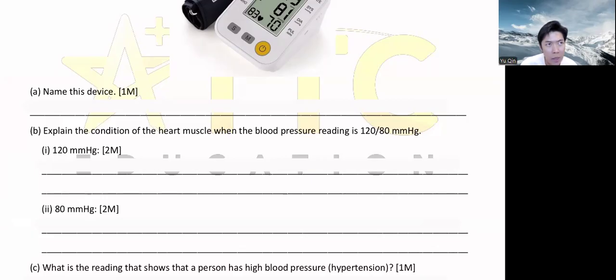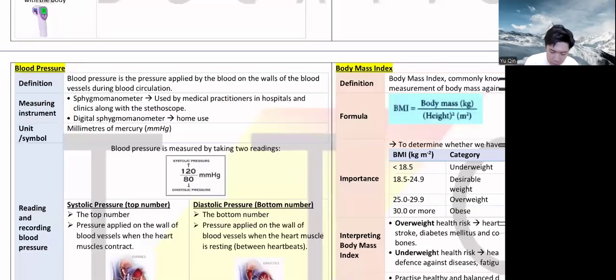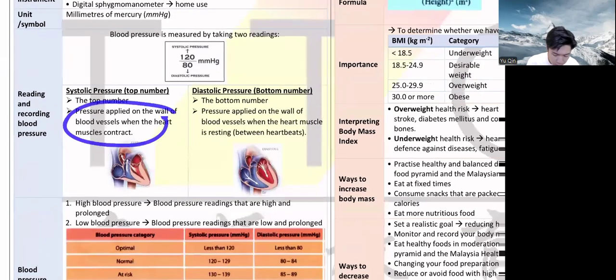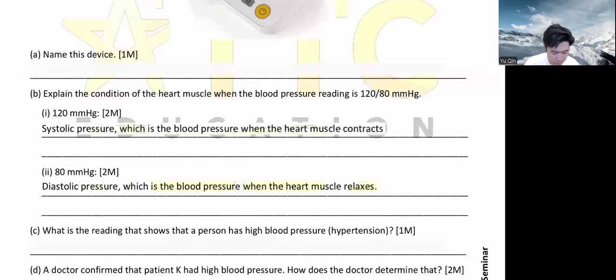I remember systolic means you pump blood out of the heart, meaning your heart has to contract. Diastolic is relax, blood comes back. So that's the main point; we want to focus on the heart muscle. Your reference is contract or relaxed.